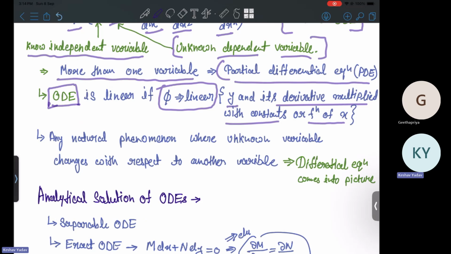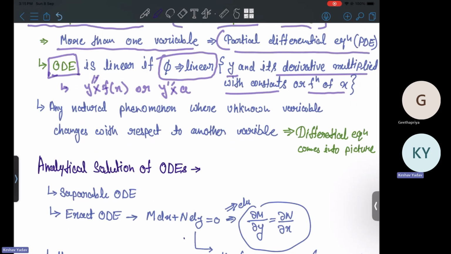You will see only y multiplied by some function of x or by some constant, and likewise the derivatives of y. The power of y will always be 1.